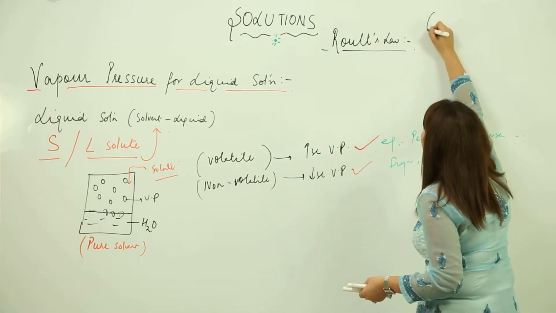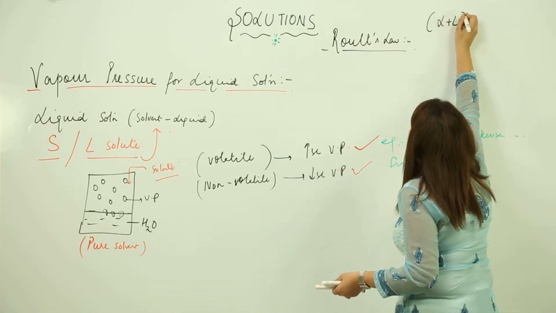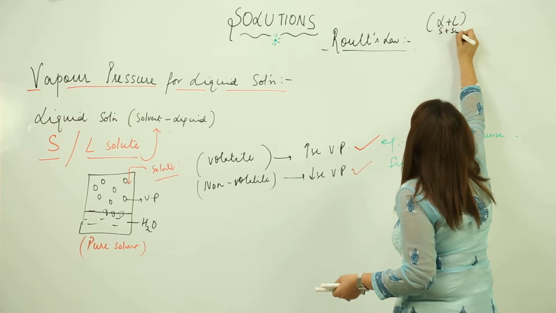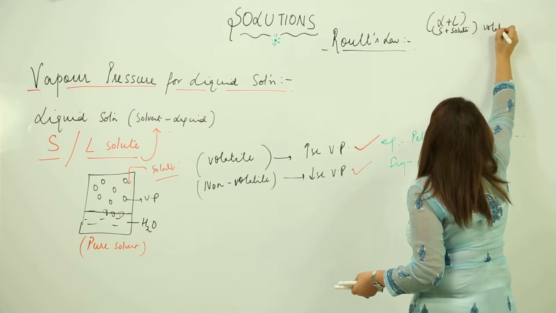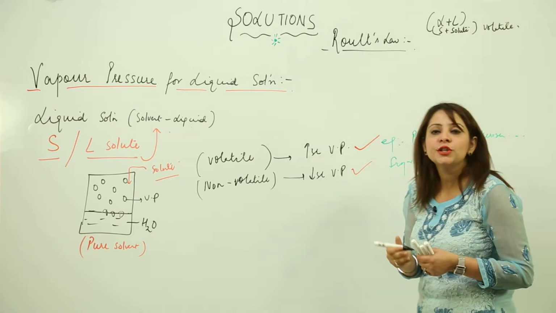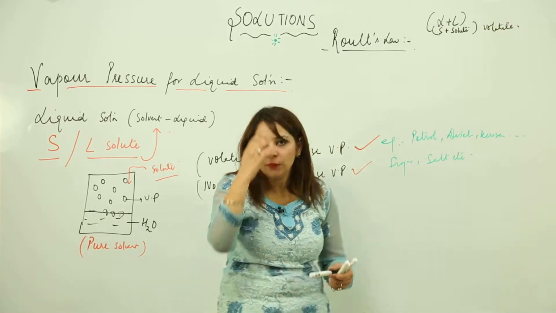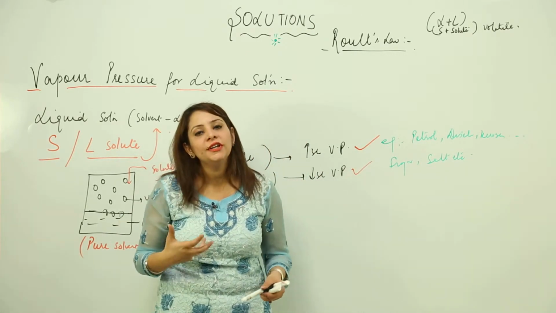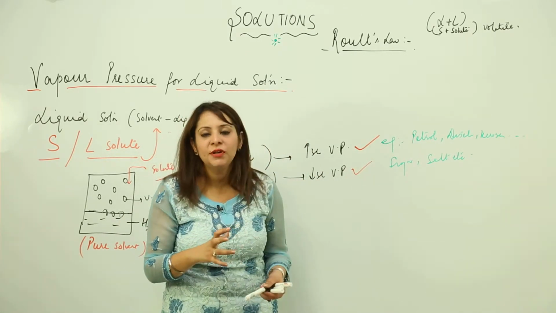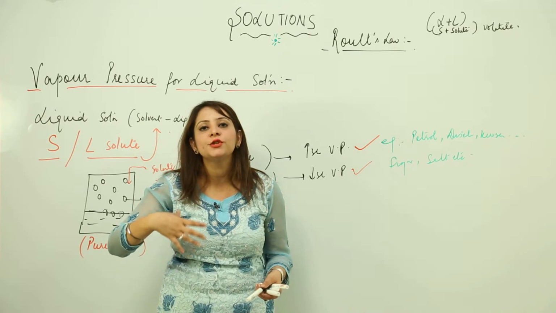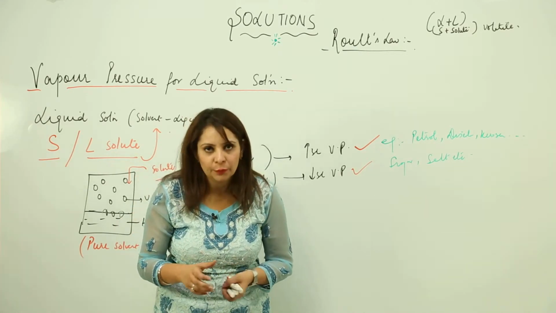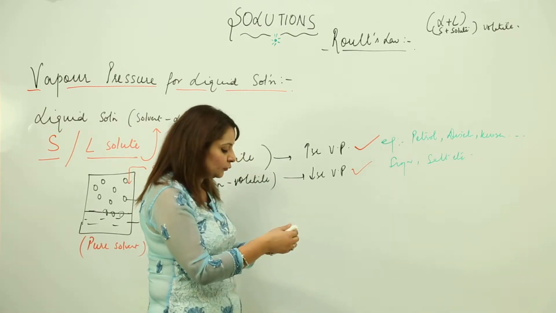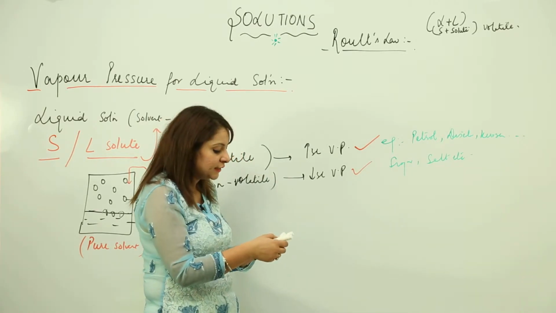Suppose we are considering a solution of liquid in liquid, that means a liquid solvent and a liquid solute, both being volatile in nature. They have a tendency to escape or form vapors. So obviously they are going to increase the vapor pressure, right? So see, what does Raoult's law actually state?